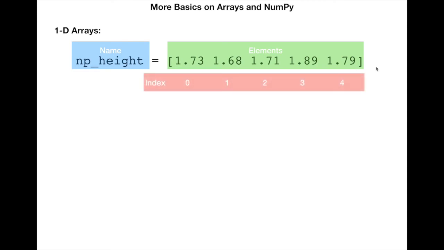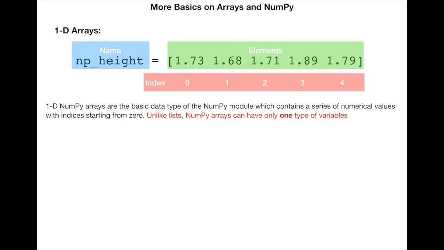The index starts from 0 to 4 with 5 elements. One-dimensional NumPy arrays are the basic data structure of the NumPy module, containing a series of numerical values with indices starting from 0. But unlike lists, NumPy arrays can only have one data type. So you cannot have mixed numbers and strings.